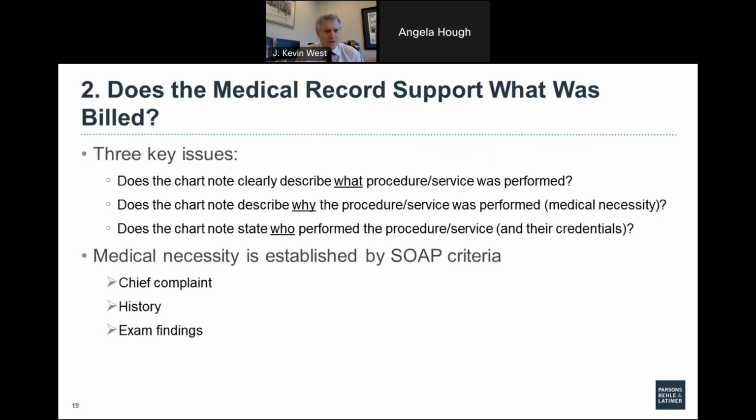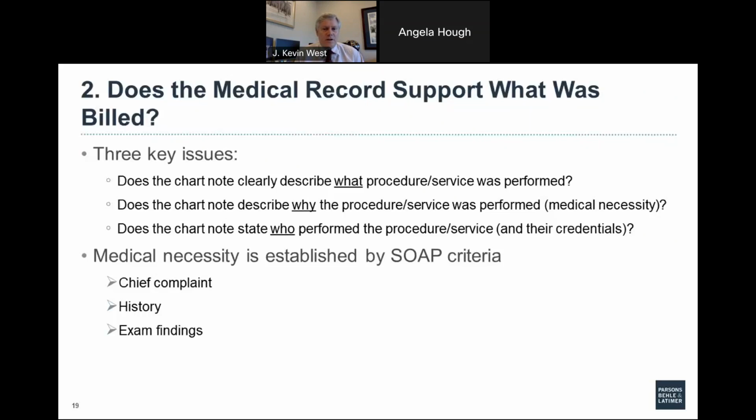That's the first question. And that may sound simple, but I read medical records where I get to the end and I am not at all clear as to what was done. That is not uncommon. So it's fundamental to be clear in describing what was performed.